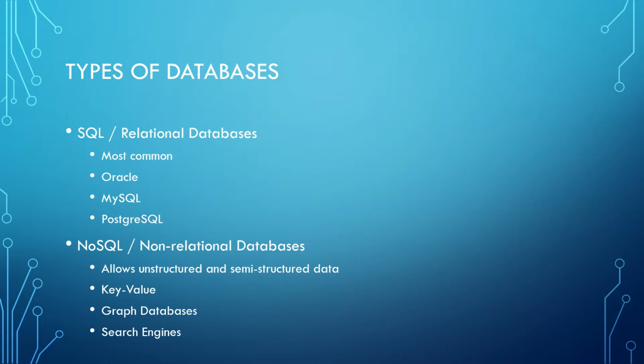So it allows for unstructured and semi-structured data to be stored and manipulated, as well as the regular structured data. The most commonly known forms of non-SQL databases are key value stores, graph databases, and search engines.